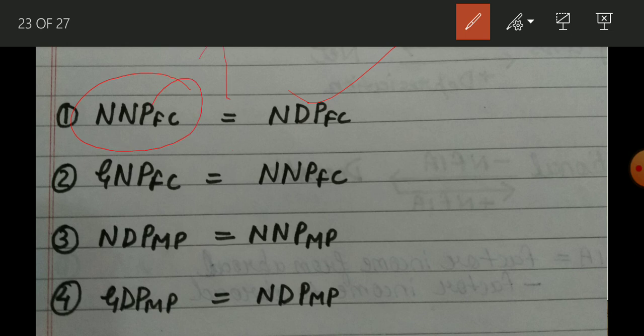Try to attempt. Okay, I'm going to help you. First you try yourself. Now check your answer. NN is common, here is the difference, NND. We are moving from domestic to national. So here will be plus NFIA.